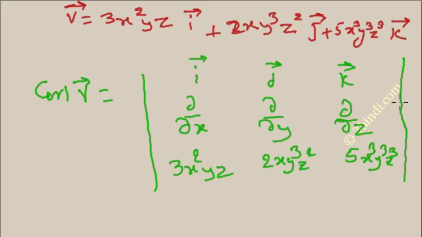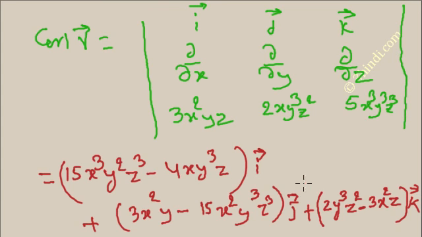Find out the determinant, where the first row is i, j, k, the second row is del by del x, del by del y, del by del z, and the third row is the coefficients of i, j and k. Find the determinant value and you will get the curl of v.